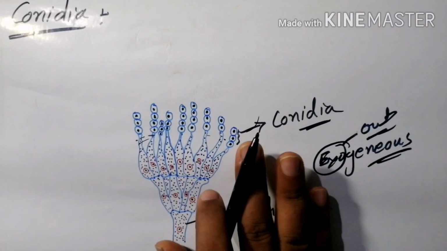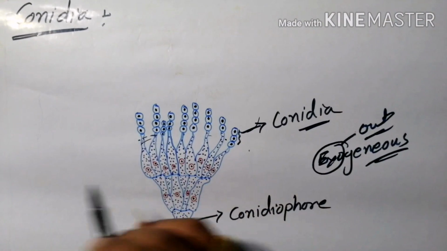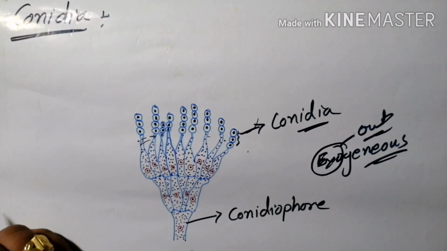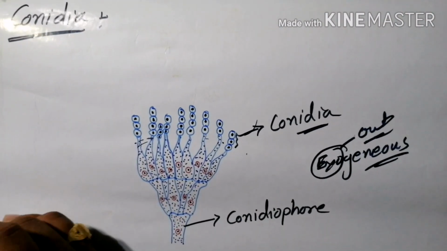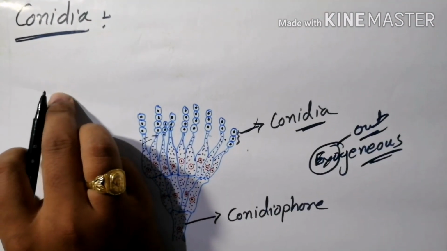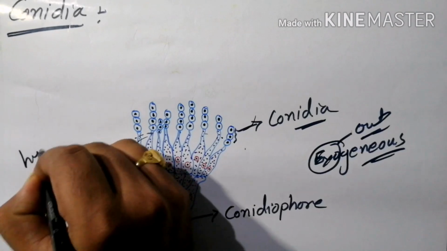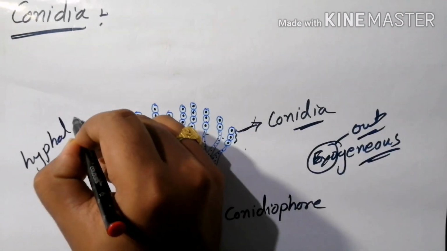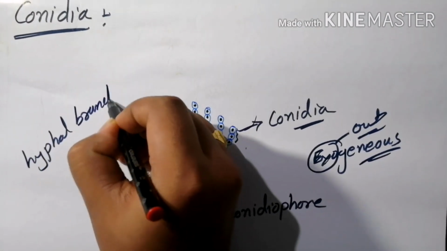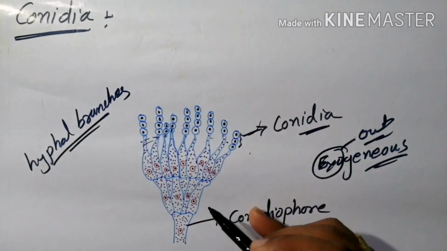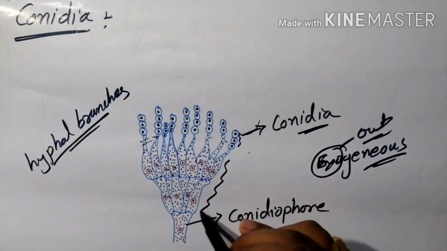Before going to another one, I also want to clear one word present in conidia, which is hypha. It consists of hyphal branches. These are the hyphal branches.